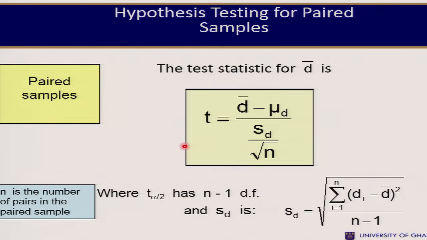For this situation, our test statistic is t equals d bar, where d bar is the mean of the differences in the scores of the pairs of values, minus mu d, which is the average value of the differences, over the standard deviation of the differences divided by the square root of n.